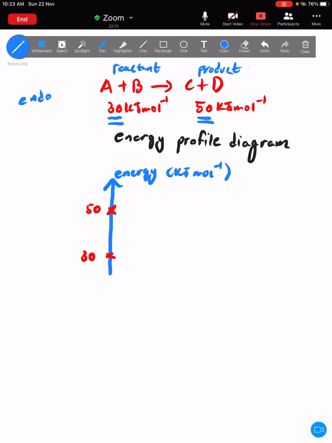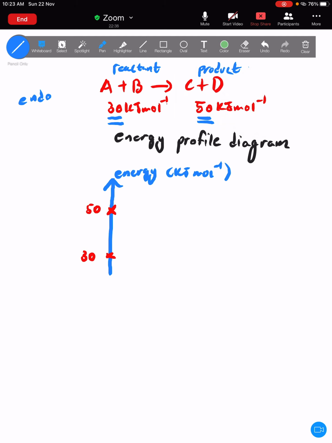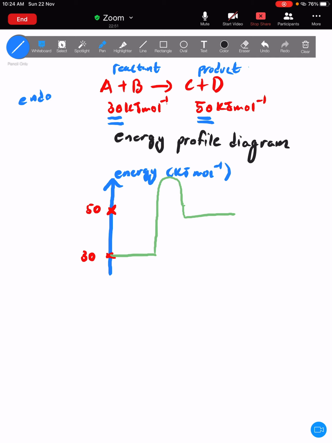It's going to be something like this: go straight, up and down and go straight. So this is endothermic. Of course, the staircase is going upward.